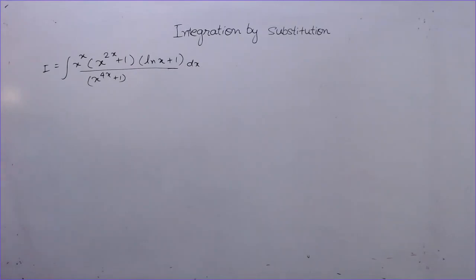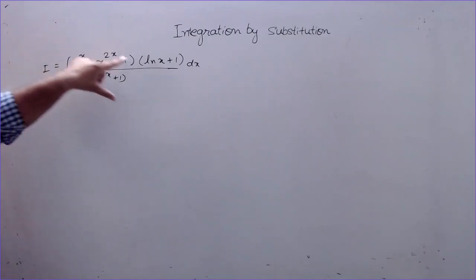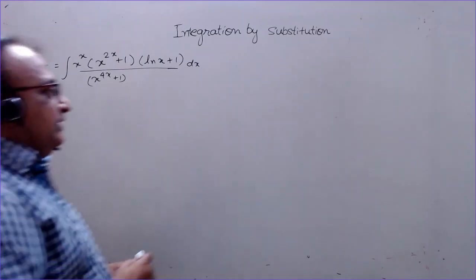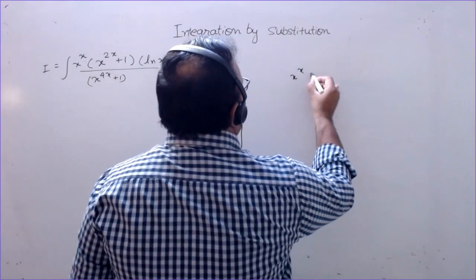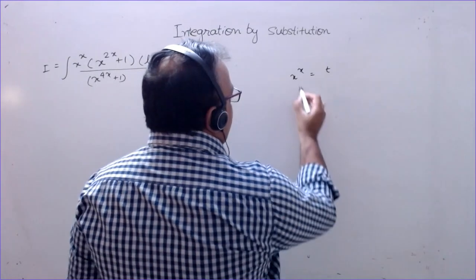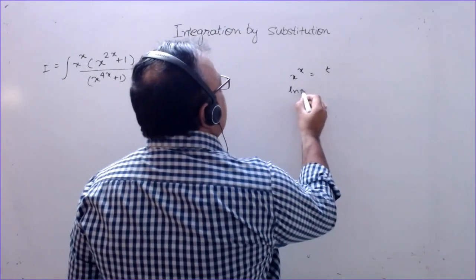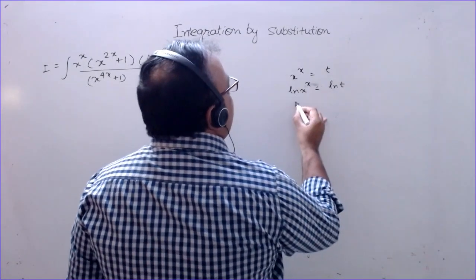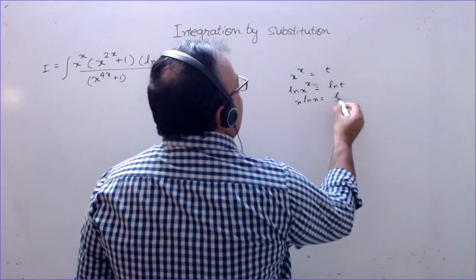So first of all, we will make this substitution for this x to the power x. Why are we doing this? Because the numerator and denominator both involve the same function x to the power x, and we have a log function also, that will be the derivative of this. How is it possible? See, if you put x to the power x is equal to t, taking log of both sides, log of x to the power x is log t, so x log x is log t.